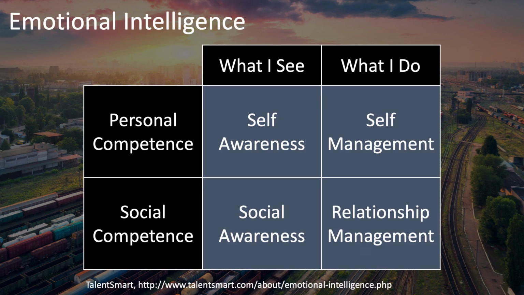Social competence is more about your ability to be aware of and manage emotions in your relationships with others. Your ability in social awareness to accurately pick up on the emotions of other people and understand what's going on with them. And your ability in relationship management to be aware of your emotions and other people's emotions and be able to manage those in order to improve your interactions.